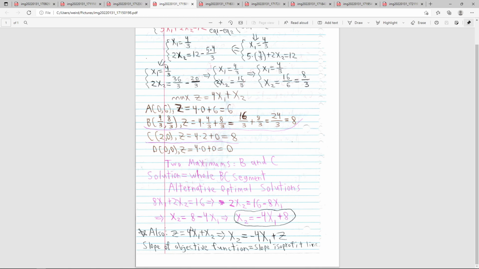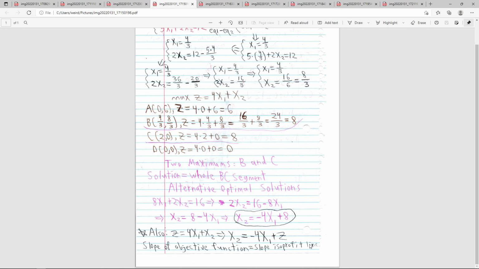So the slope of the objective function here would be equal to the slope of the isoprofit line, which is what this in pink is, x2 equals negative 4x1 plus 8. The isoprofit line, where it's all the same values, maximum.